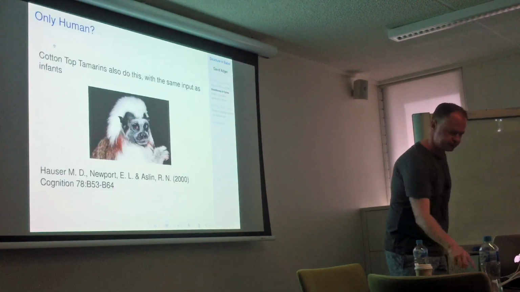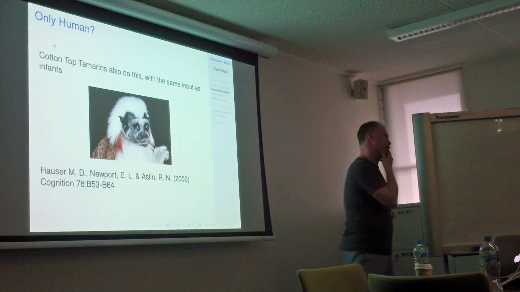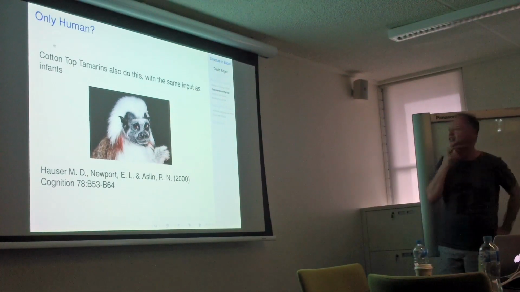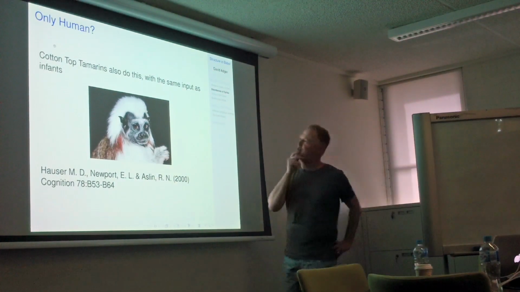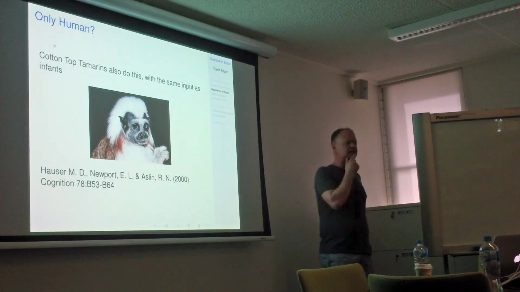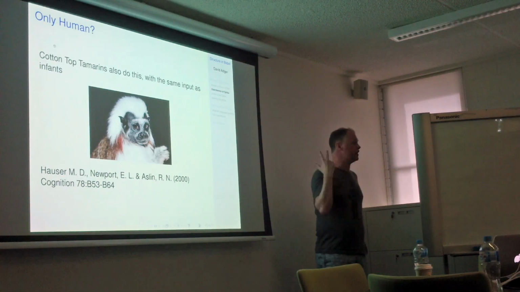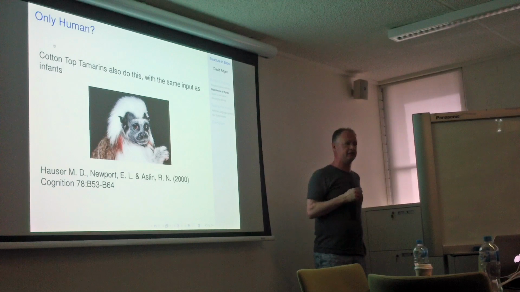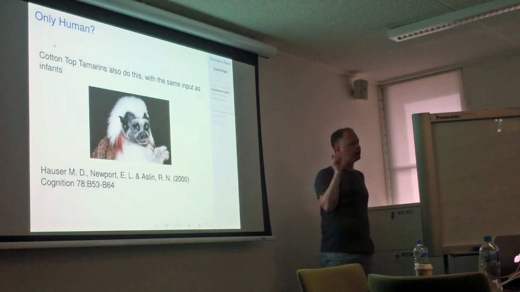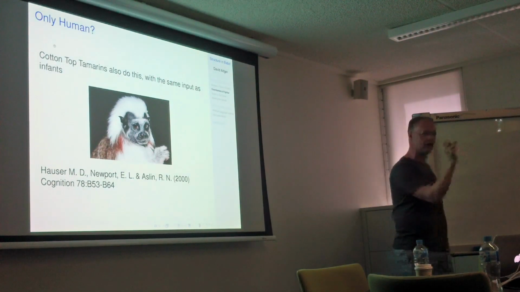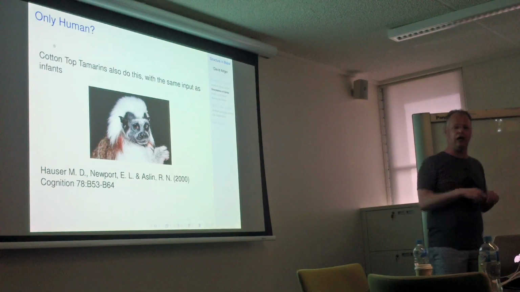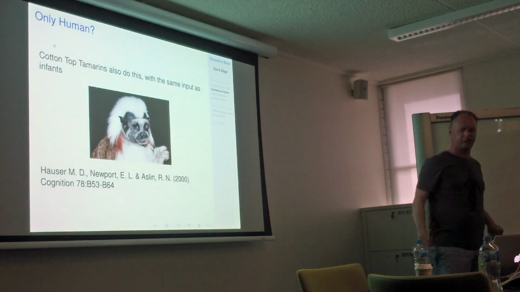Only humans? No, of course not. Other animals can do this, and here's a cotton-top tamarin, a very cute little beast. Hauser, Newport and Aslin showed that cotton-top tamarins also do the same kind of thing, with exactly the same kind of input as the 8-month-old infants. So they also extract these discrete units from just a collection of syllables one after the other.